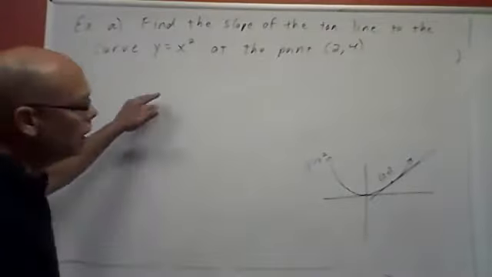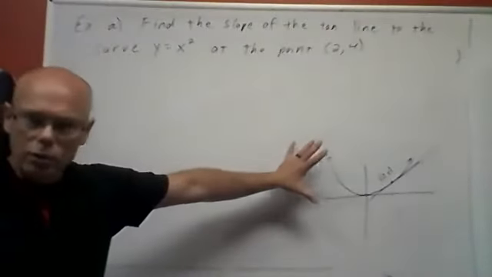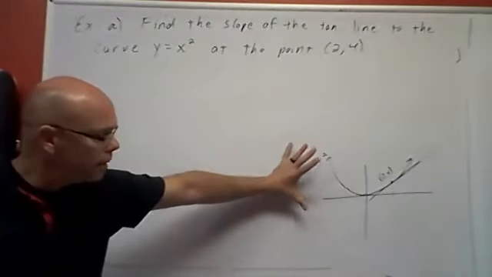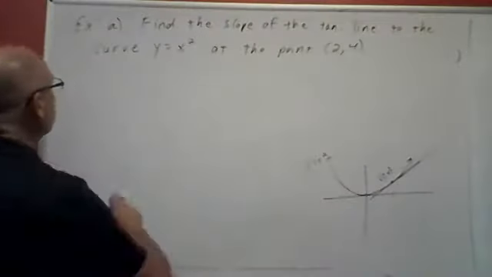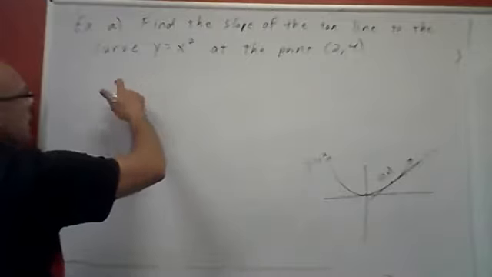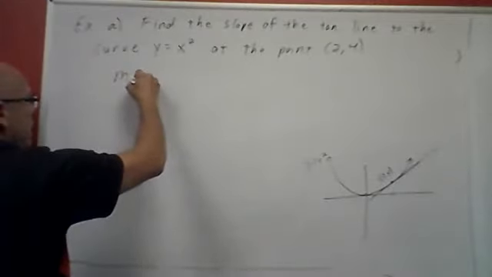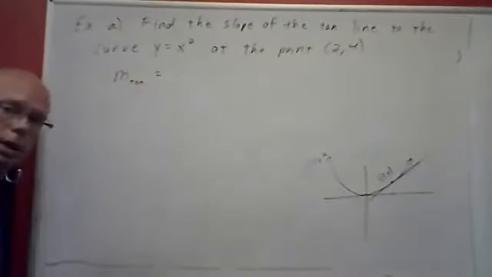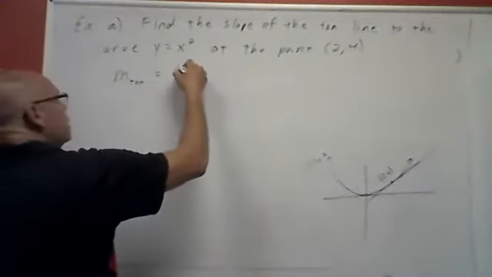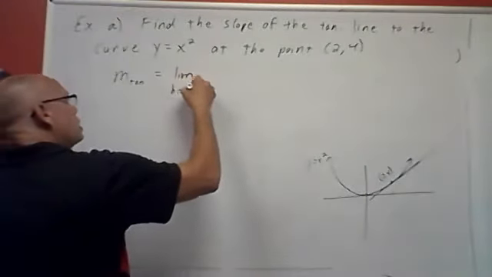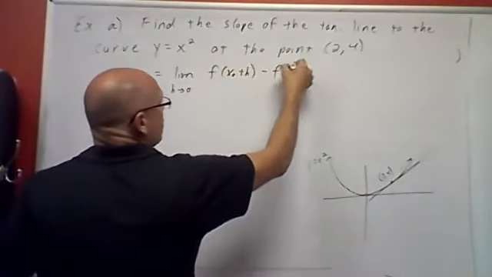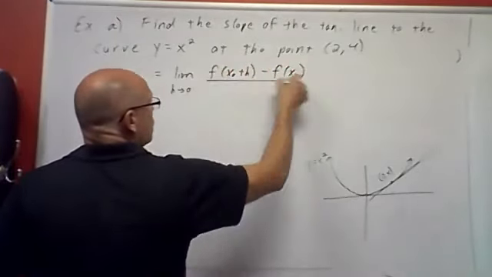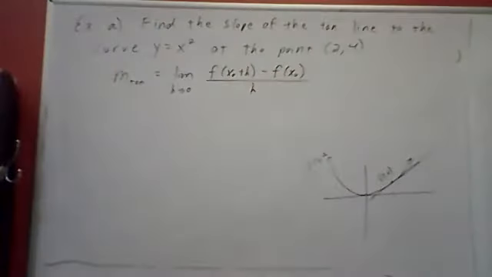Well, let's actually find it. I did not have to draw this out. I just drew this out so y'all could get a good picture in your head of what's going on, okay? But to actually do this problem, find the slope of the tangent line, I would say m tan, according to what we just saw for the definition, is equal to the limit as h approaches 0 of f at x naught plus h minus f at x naught all over h.